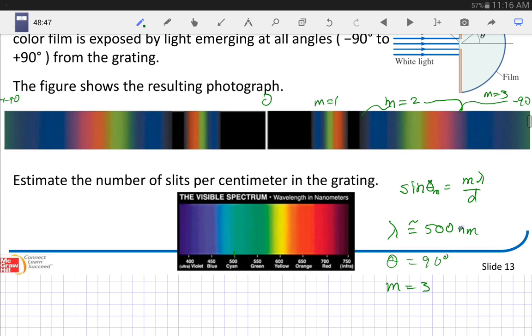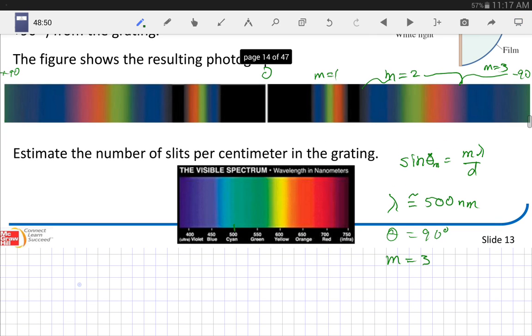So now that I have all of these, I will simply find 1 over D. 1 over D is going to be the number of slits per centimeter. So 1 over D is equal to sine theta over m lambda, which is equal to 1 over 3 times 500 nanometers.